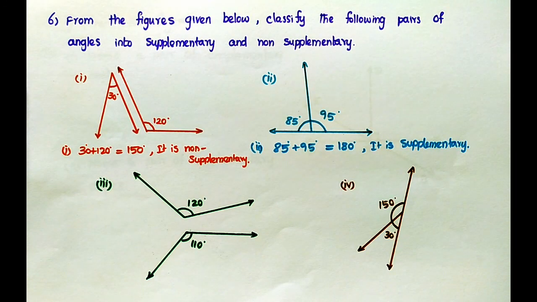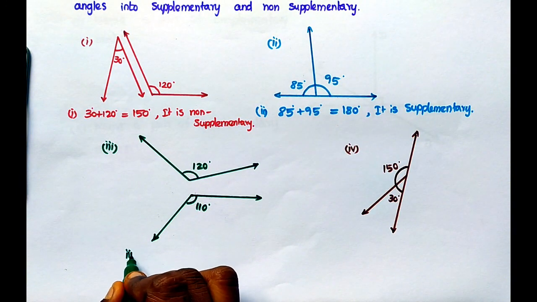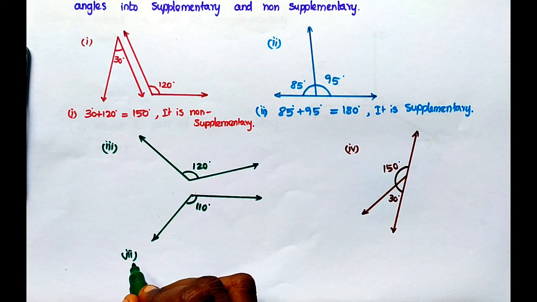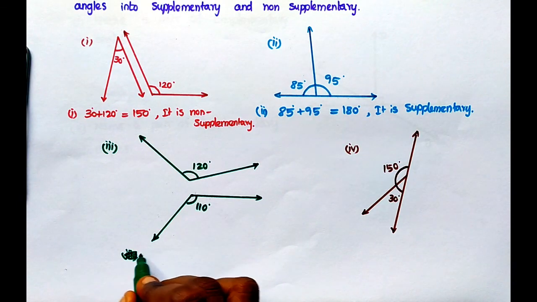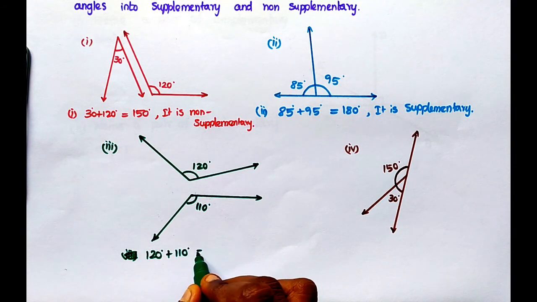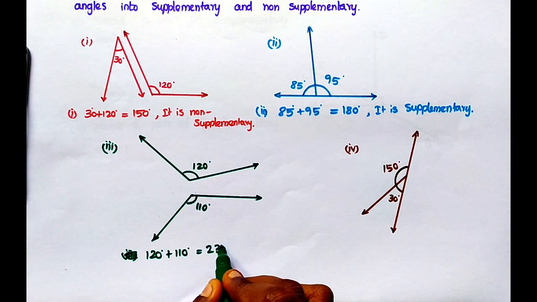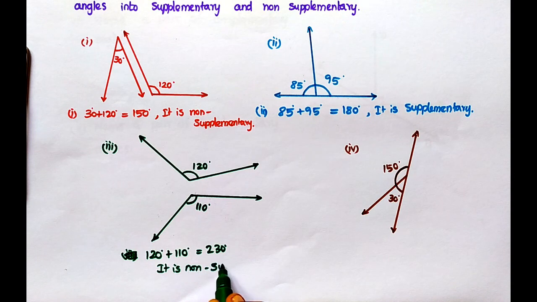And third one, add these angles, 120 degree plus 110 degree, we get 230 degree. So it is non-supplementary.